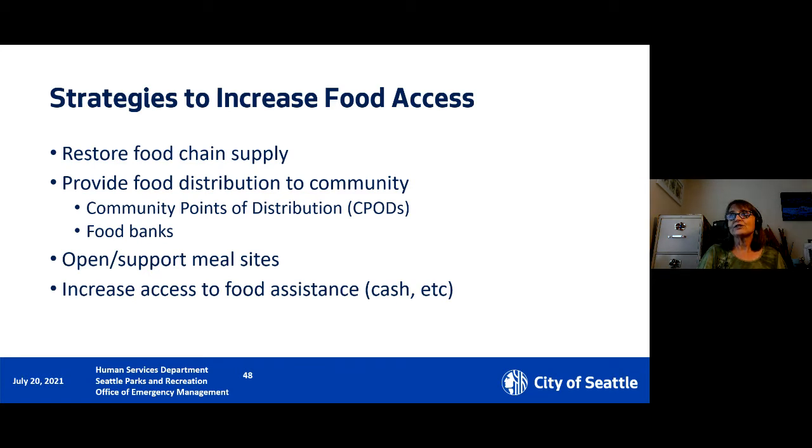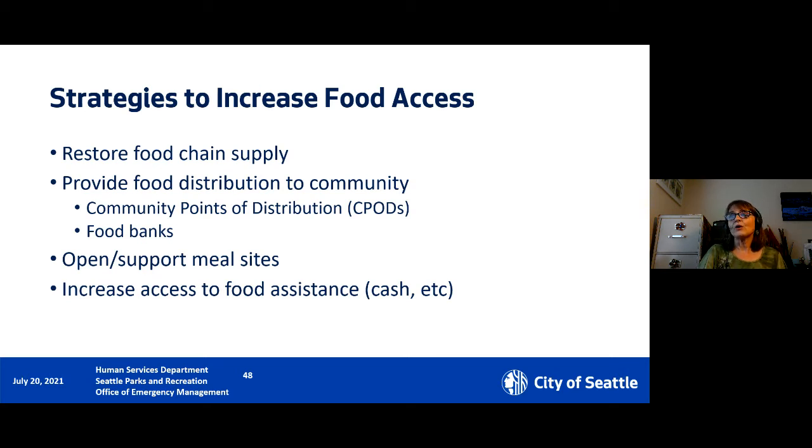Another strategy is to provide food distribution to the community. So as already mentioned, community points of distribution, or CPODs, can help provide mass distribution. Also, as I mentioned, increased supply of food to food banks and restoring programs that are closed.